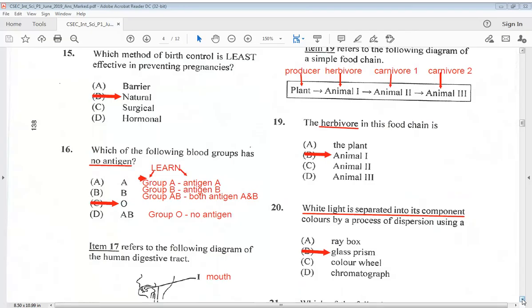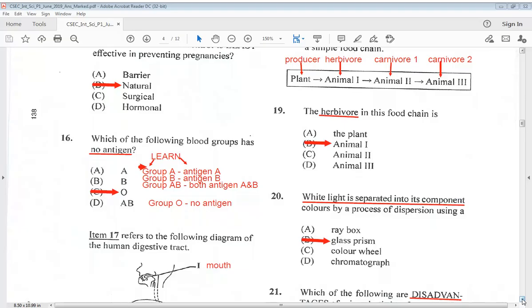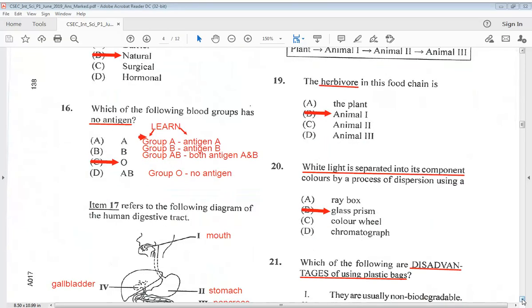Which of the following blood groups has no antigen? The answer is C, O. Group A has antigen A, group B has antigen B, and group AB has both antigen A and B. So we know group O has no antigen.